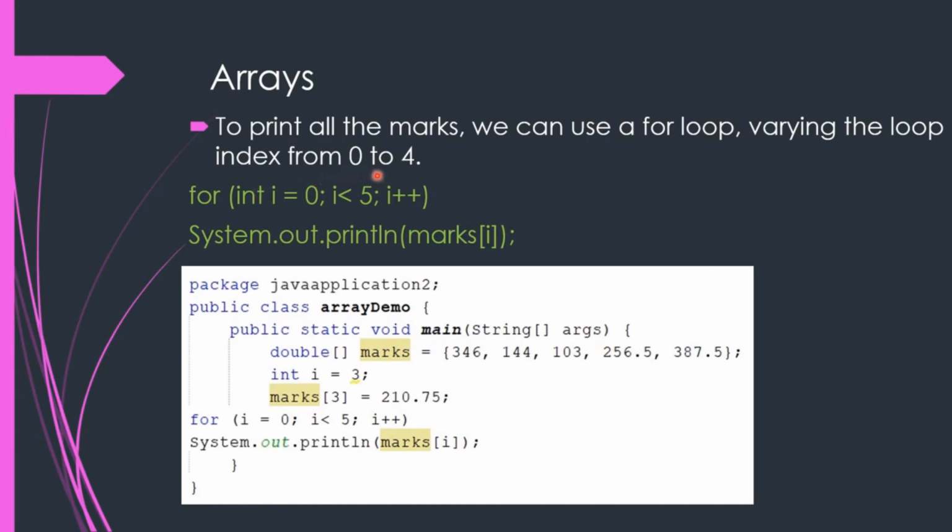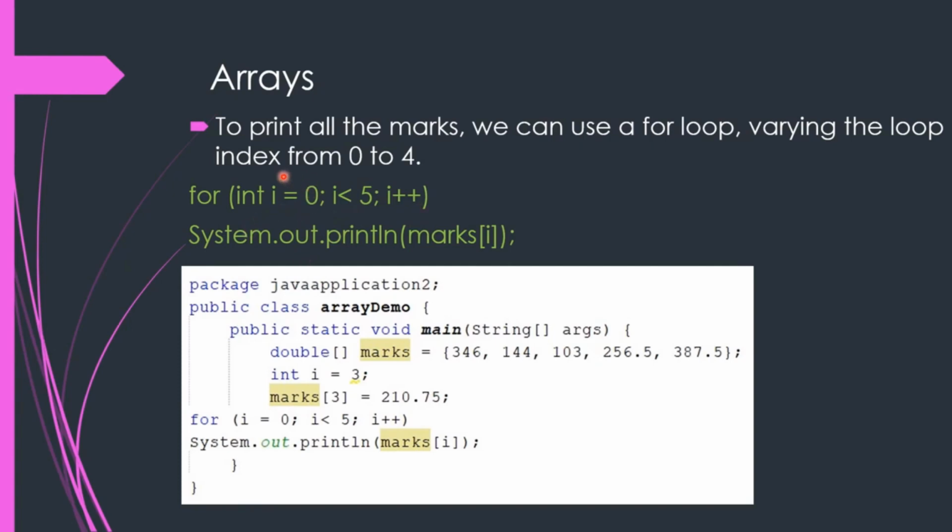What is the command to print the loop index from 0 to 4? For int I is equal to 0, I less than 5, I plus plus. So can you just tell me what are these? Basically, this is the for statement, and these are the three parts that we had studied in the for statement.